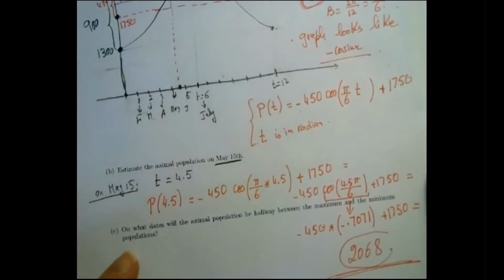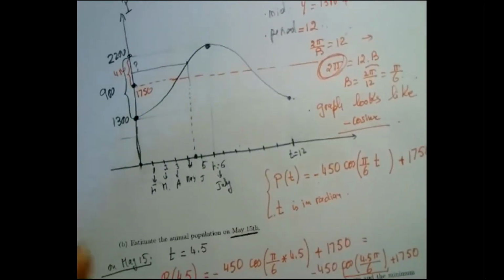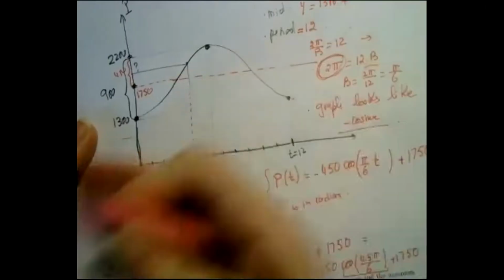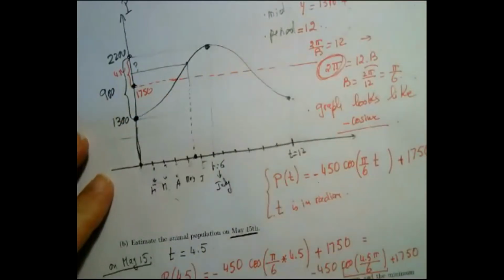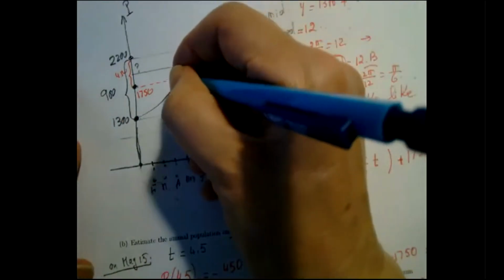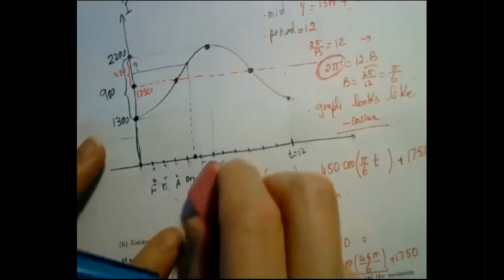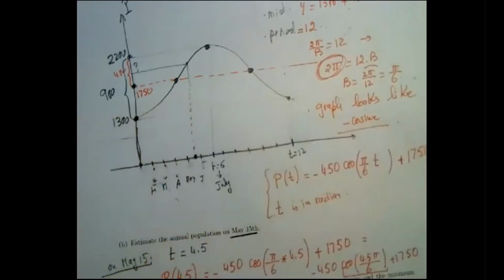Now, on what date will the animal population be halfway between the max and the mean? The picture may be a little confusing, but who can guess? When will the population be halfway between the max and the mean? If you remember the graph of cosine very well, when should the half occur? I'm going to erase this a little to see if you can answer.